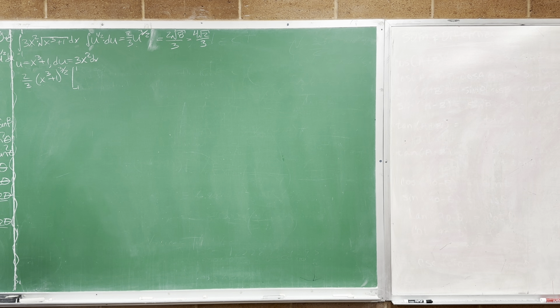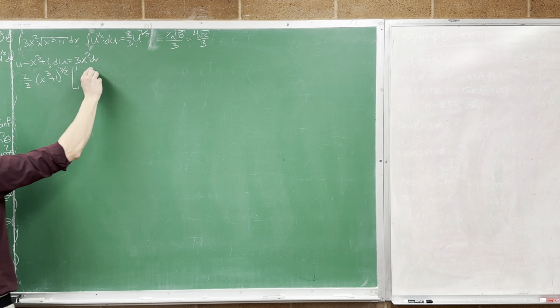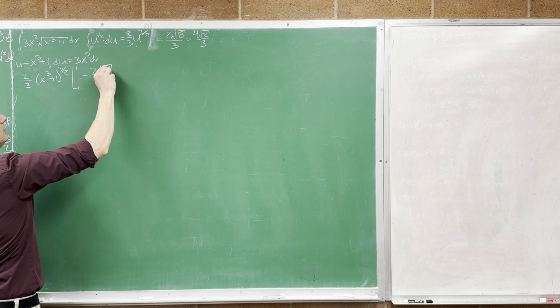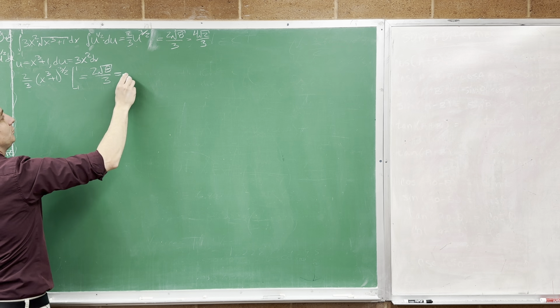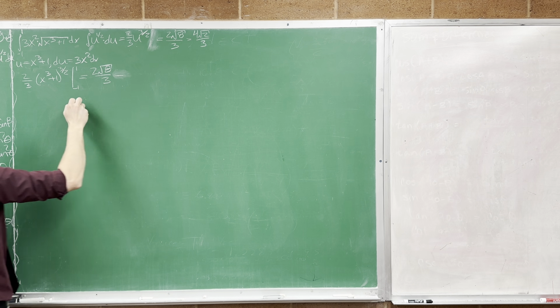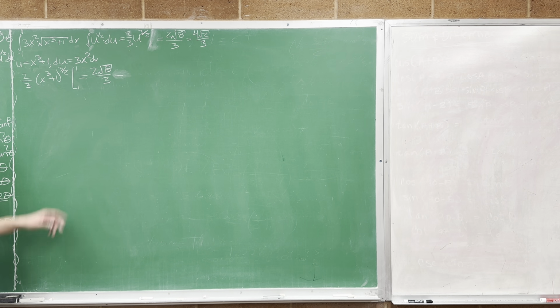When we plug in 1, what do we get? 1 cubed plus 1 is 2. 2 to the 3/2 is square root of 8 times 2/3. So we get 2 square roots of 8 over 3, but now we need to subtract what we get when we plug in -1. When we plug in -1, we get 0.